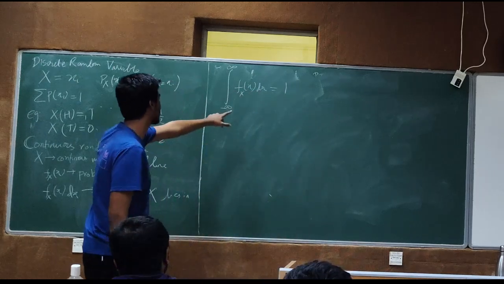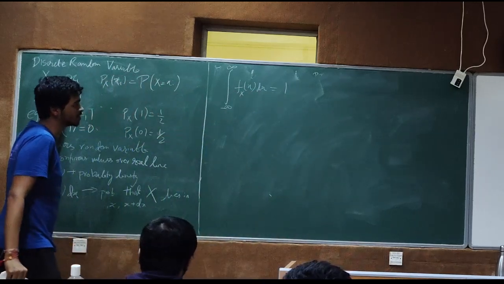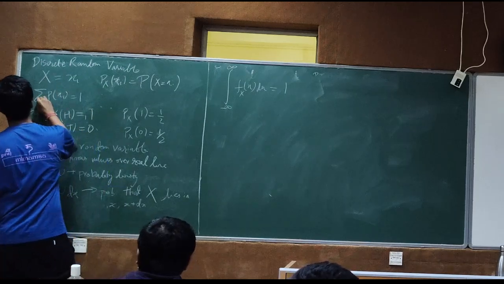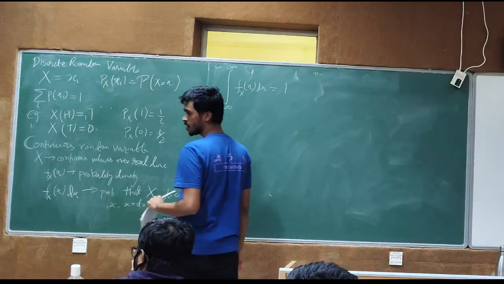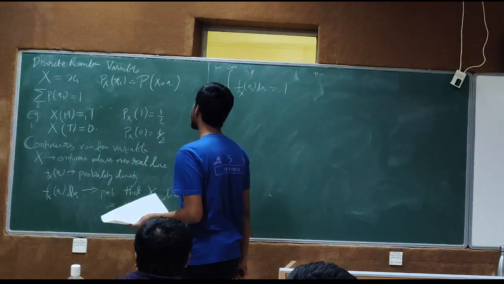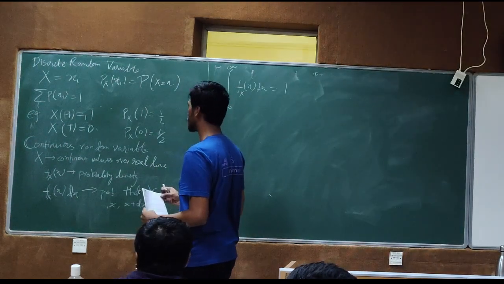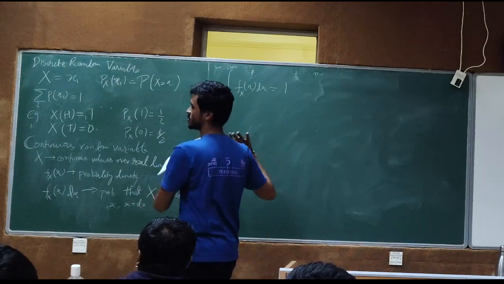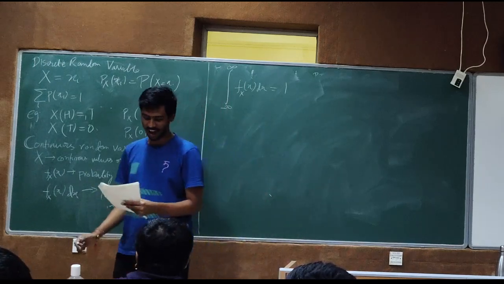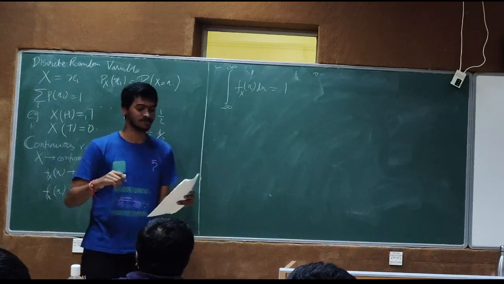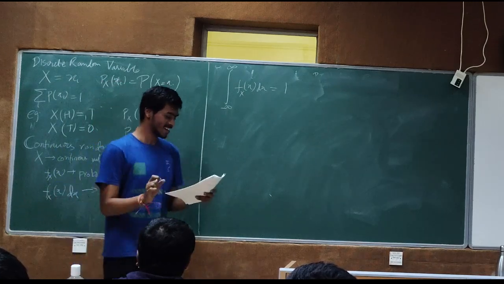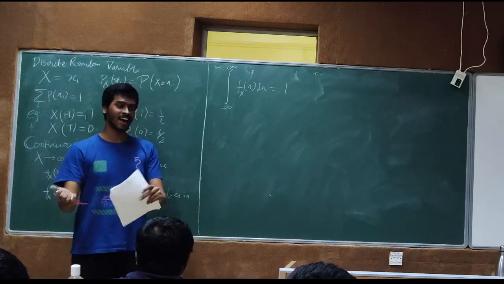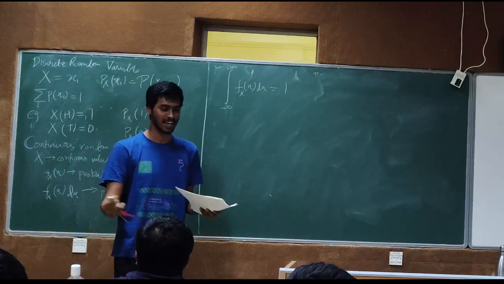So this is the normalizing condition for the density. I'm doing this in a very non-rigorous way because we are doing physics, and you will have a course on probability next semester.